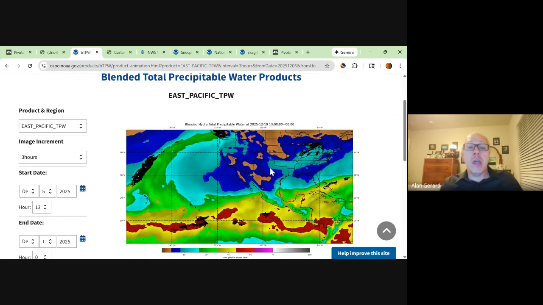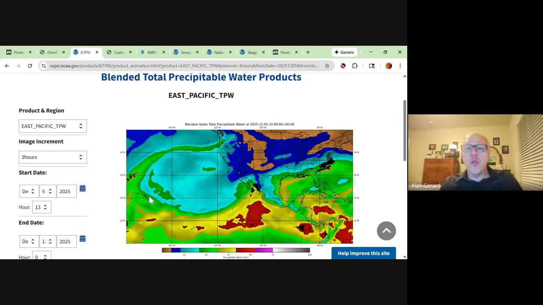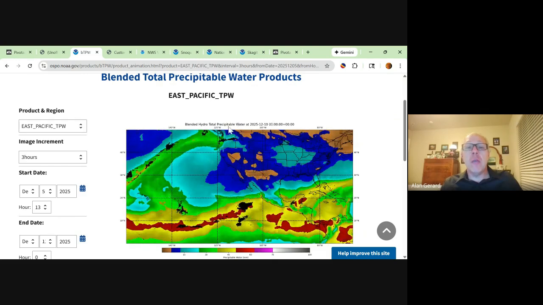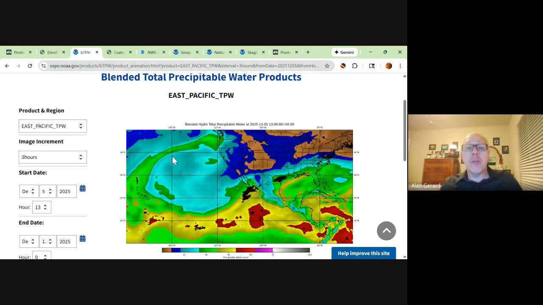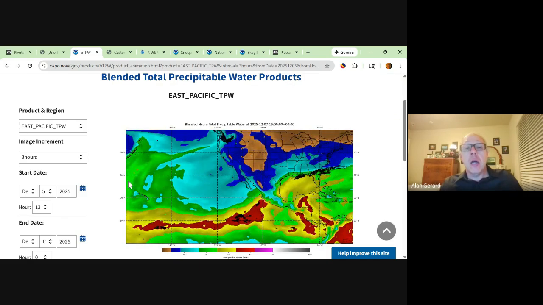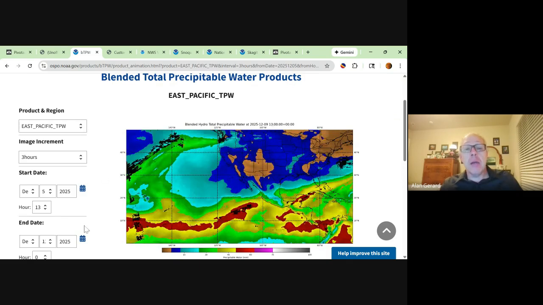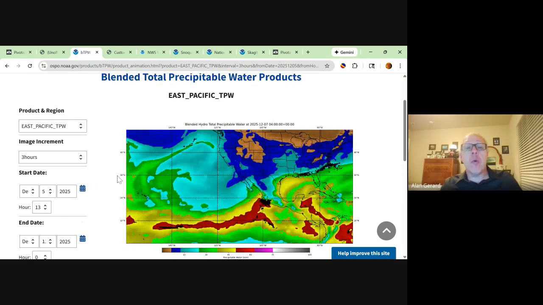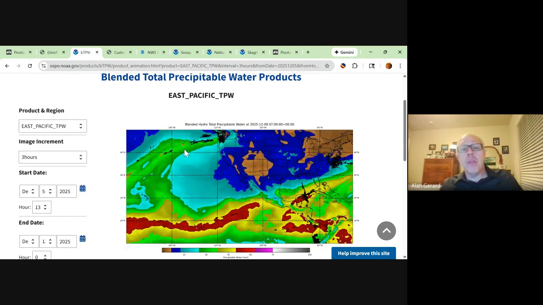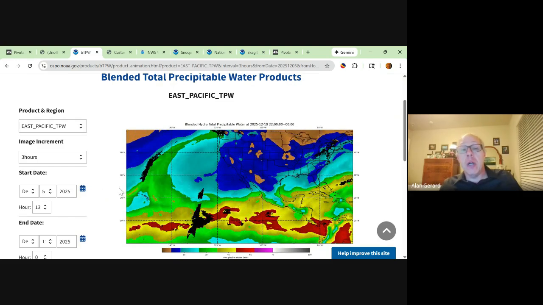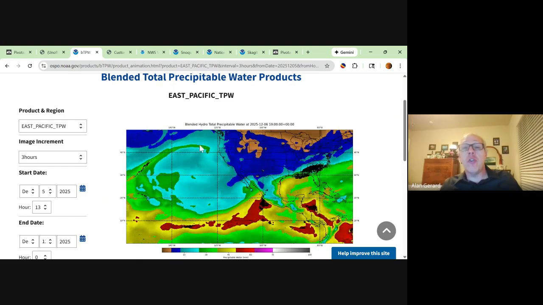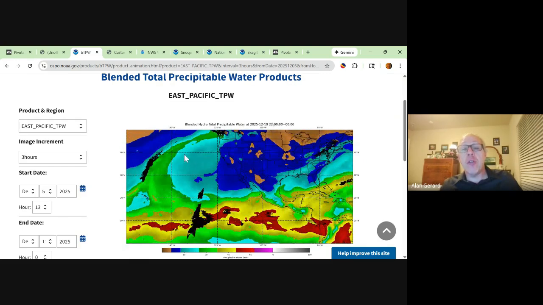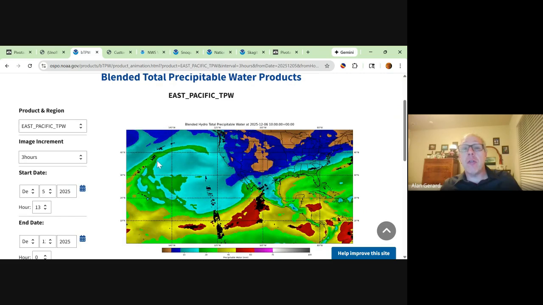And you can see here, as we start this loop about 4 days ago, that there is this continuous stream of moisture up into the Pacific Northwest, and it's really being fed by anomalous moisture well back here to the southwest of Hawaii, and just this unusually strong flow of moisture has just been persistent into the Northwest, and particularly into Western Washington for the last number of days.